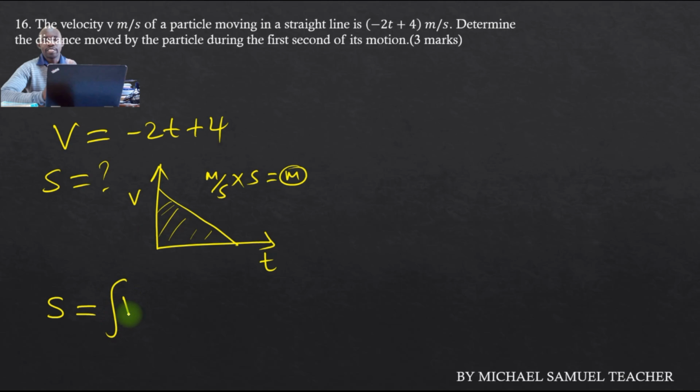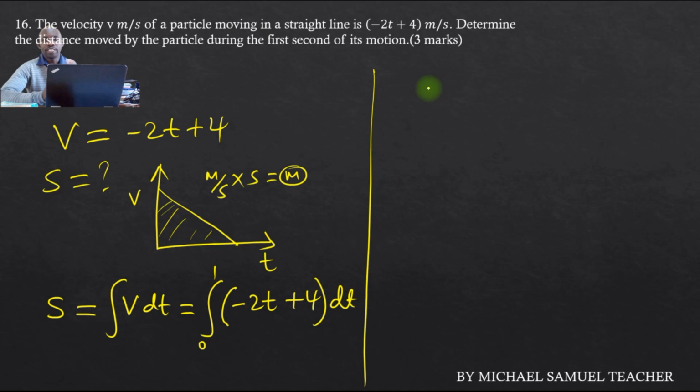We have the limits. The question says during the first second of its motion, so from 0 all the way to 1. So we are going to integrate minus 2t plus 4 dt.